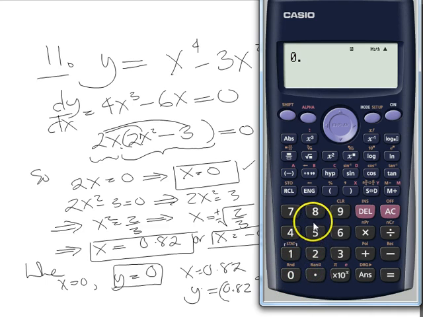0.82. But I'm going to use a little bracket because I'll need that next time. 0.82 bracket power 4 minus 3 times bracket 0.82 bracket squared. I managed to do that wrong as well now, haven't I?